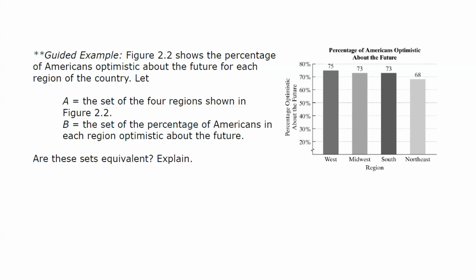Are these sets equivalent? Explain. Well, let's first list the values in set A. The 4 regions are West, Midwest, South, and Northeast.